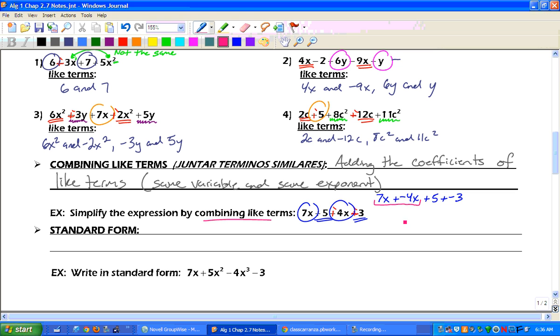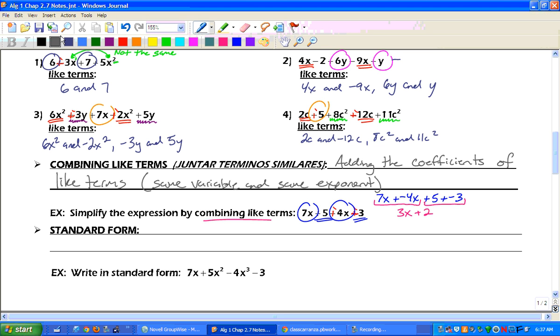Just looking at the coefficients, 7 plus negative 4 gives us 3x. The 5 plus negative 3 gives us positive 2. Okay? So all we're doing is finding things that are the same and then combining their coefficients.